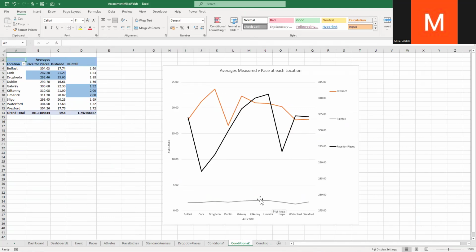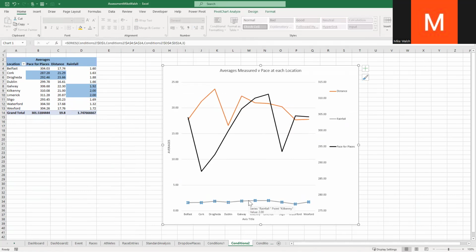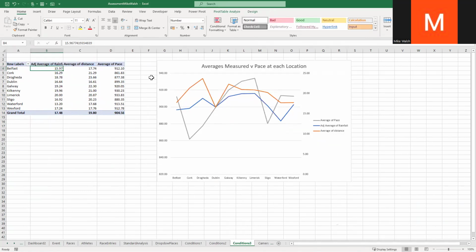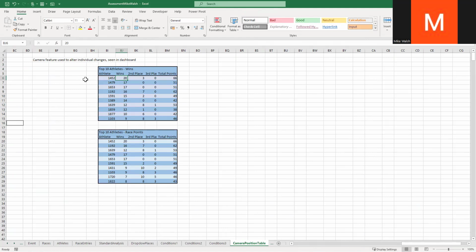This is what I did to try to get this rainfall to become relevant to here. So that's me just playing with it and getting to this. That's my data there as well. Here's my camera. I used the camera feature to get these two tables, so changing any of these fields will change what's on the dashboard.